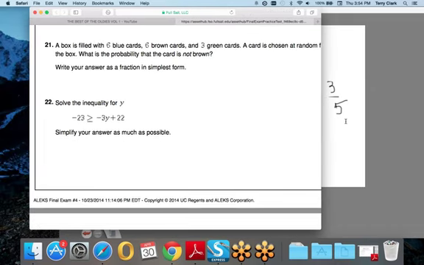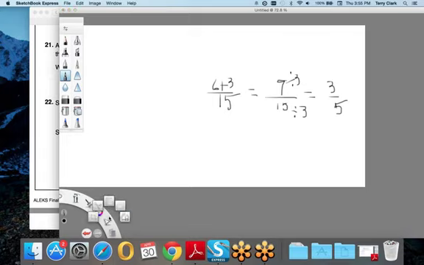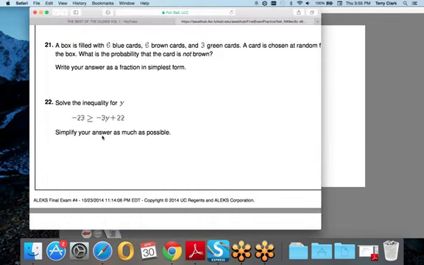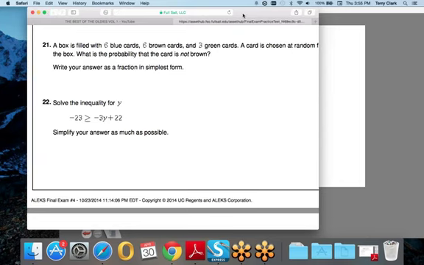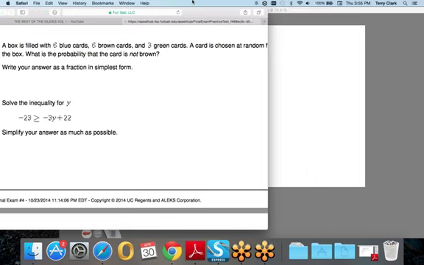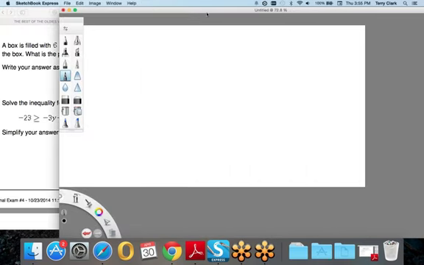All right, number 22. We'll probably get up to 23 easy for sure. It says solve the inequality: negative 23 is greater than or equal to negative 3y plus 22.